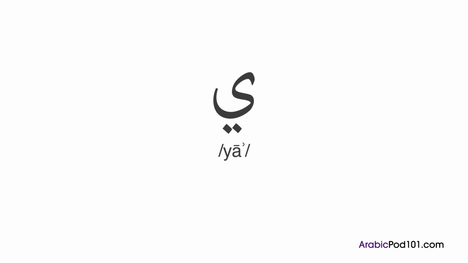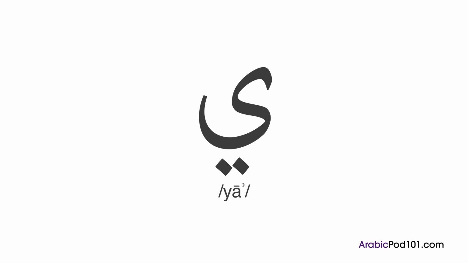Now let's see the next letter, Ya. This is the last vowel in the Arabic alphabet. It's pronounced just like the sound E in the word tin. Pretty easy, right? You can imagine this letter as a duck with the two dots below it as its feet. Here's how to write the isolated version.